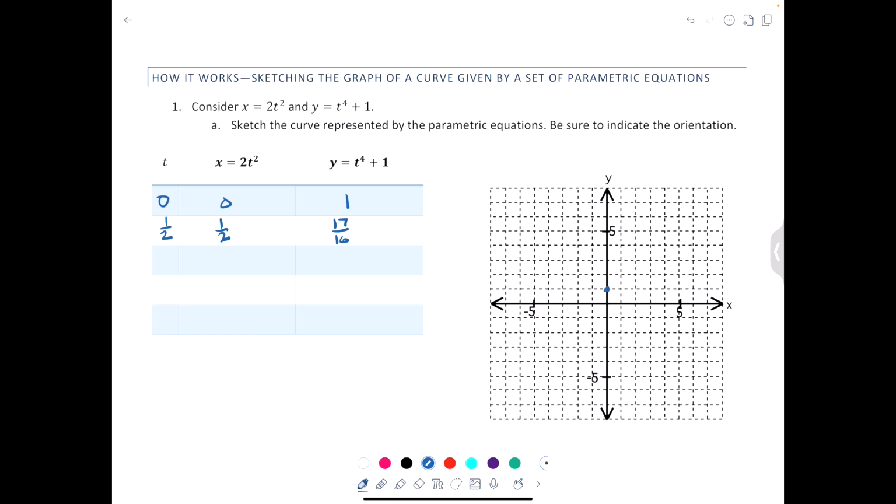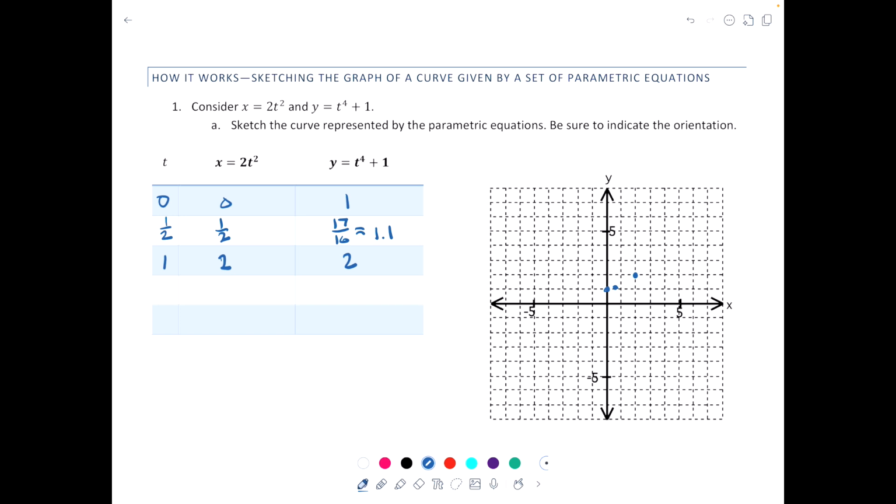So just for purposes of graphing, it's just over 1. Now if I plug in 1 for t, we'll get 2 for x, and we will get 2 for y. So we'll have an ordered pair. Ooh, I didn't graph the last one. So I have an ordered pair at 1/2 and then just over 1, and then we'll have an ordered pair at 2, 2.